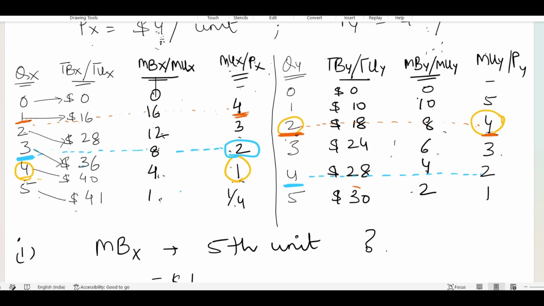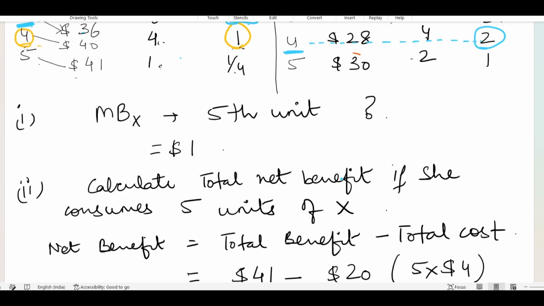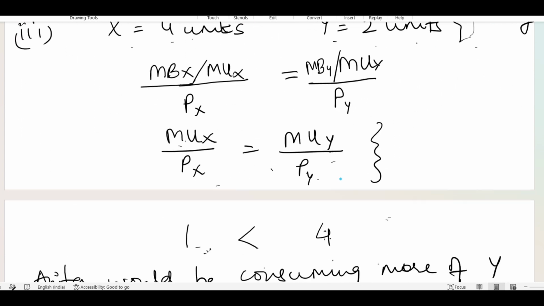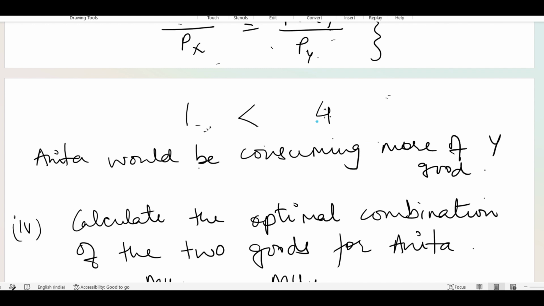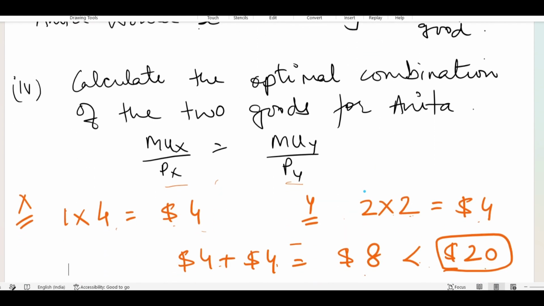So I take up, let's say, the second one, which is 2 out here and 2 out here. These two are equal. Correspondingly, she's consuming 3 units of X and 4 units of Y. Now let's see if that satisfies the income level or not. We know that the ratios are equal to one another.